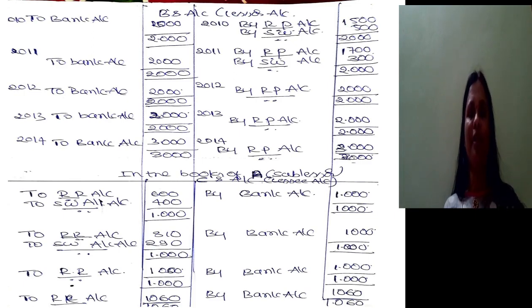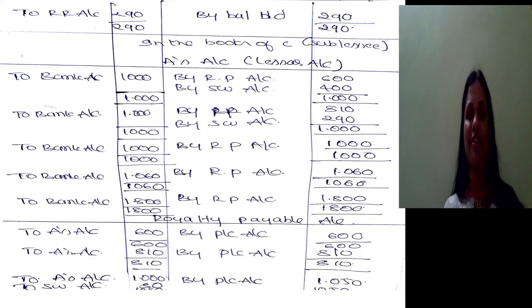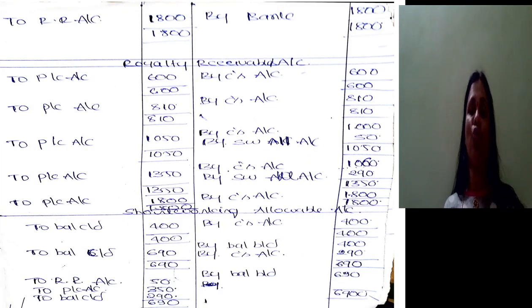C will make the payment, so A will receive the payment: bank account debit to C's account 1060. Then royalty receivable will get closed by transferring it to profit and loss account, and short working account, try to understand, short working account debit to royalty receivable account 290, so that short working will get closed. Henceforth there is no short working account. So this is with regard to the fourth year.